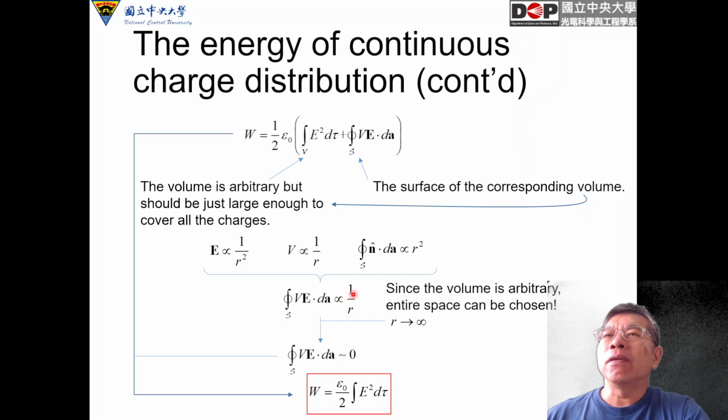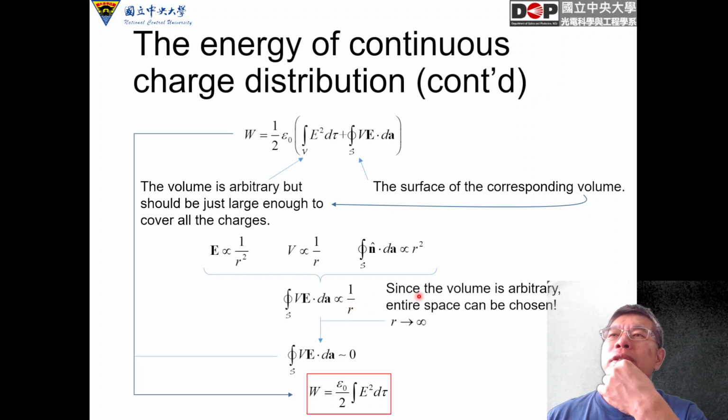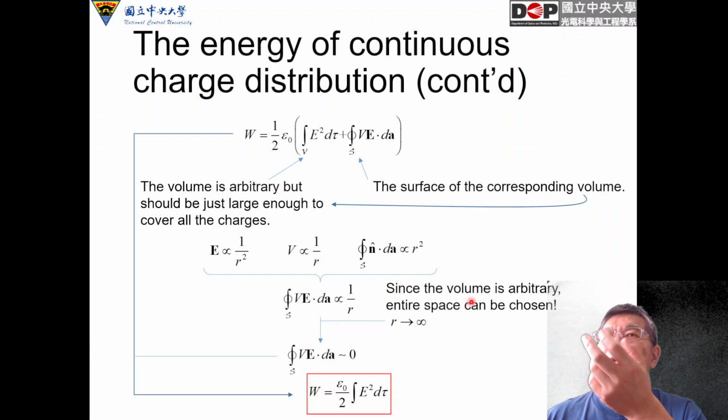So now we can consider choosing the volume to be infinitely large, because the volume is wherever we choose. So we choose the volume to be the entire space, so now r is almost infinite. In other words, if we consider the entire space, this term will turn into zero.